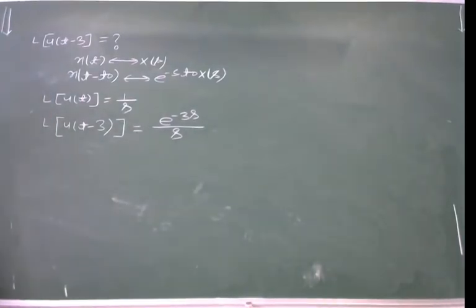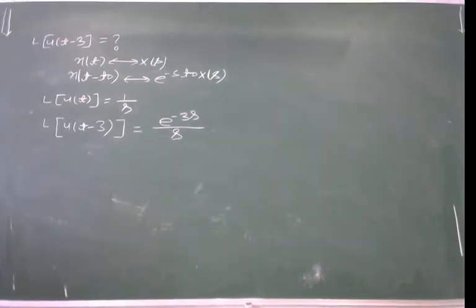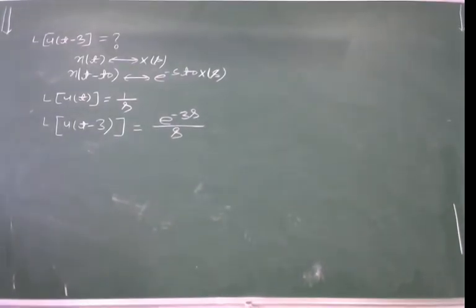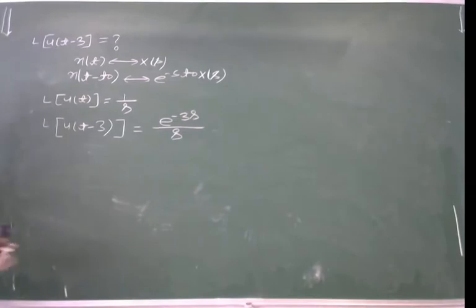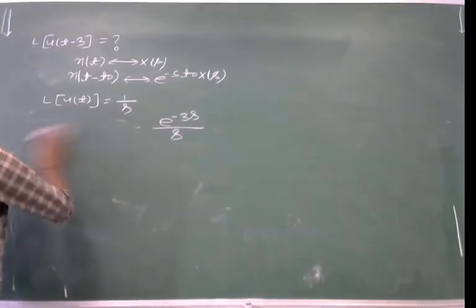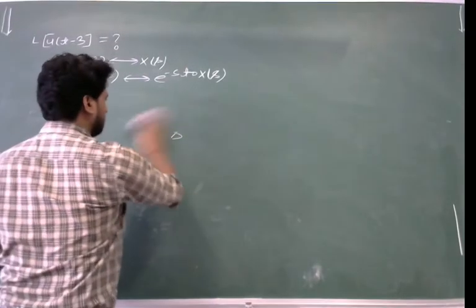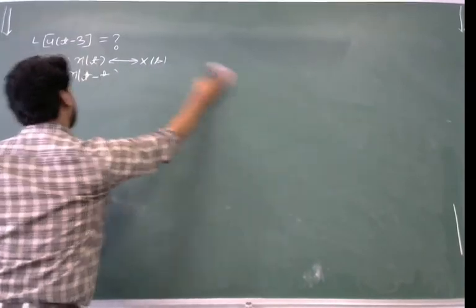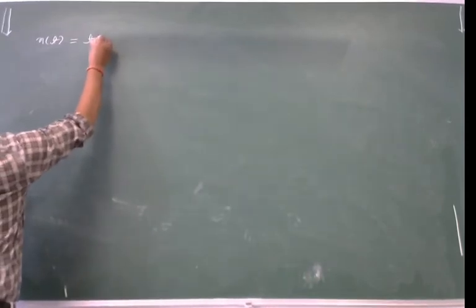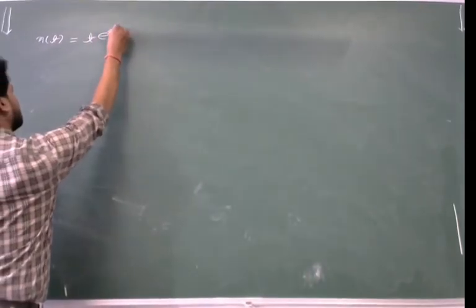This is the Laplace transform of u(t minus 3). The next is x(t) given as t into e power minus 3t u(t).